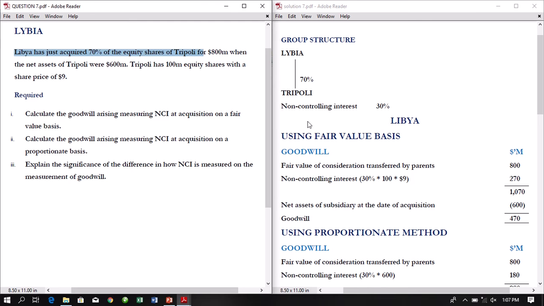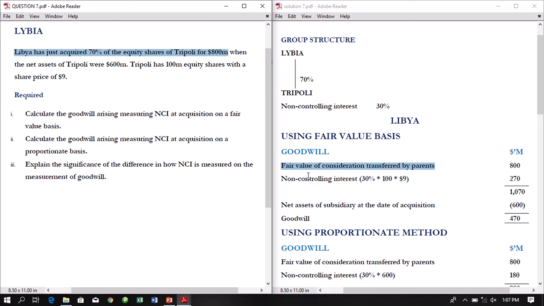Very easy. Now to determine my goodwill, we already know from our past solutions, we said fair value of consideration transferred by the parent. Coming to my question, we are told that Libya acquired 70% of Tripoli for $800 million. So the fair value that the parent company transferred for acquiring those shares is $800 million.